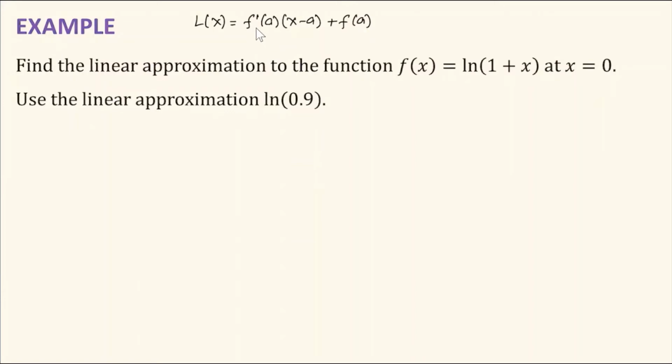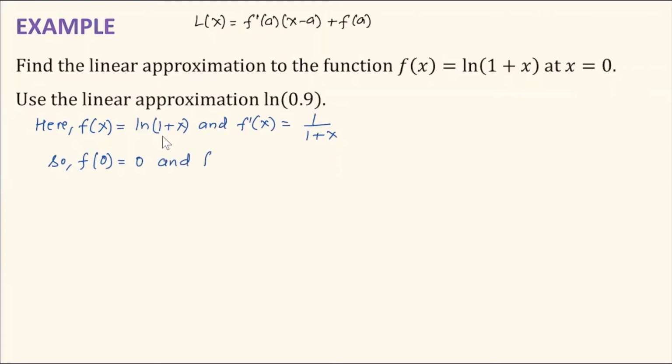First we are going to find the derivative. Here my function is natural log of 1 plus x, and its derivative, using the chain rule, will be 1 over 1 plus x. Now the value of the function at 0, because x equal to 0, that's the value of a. If you plug in 0, it will be natural log of 1 plus 0, that is natural log of 1, and natural log of 1 is 0.